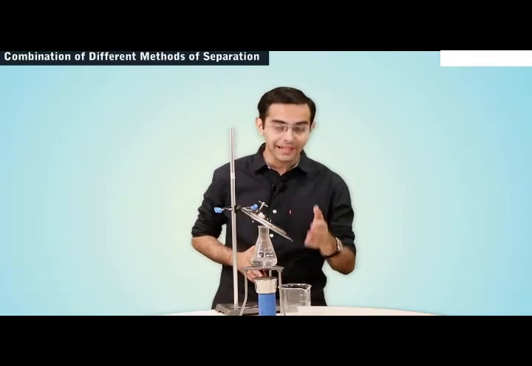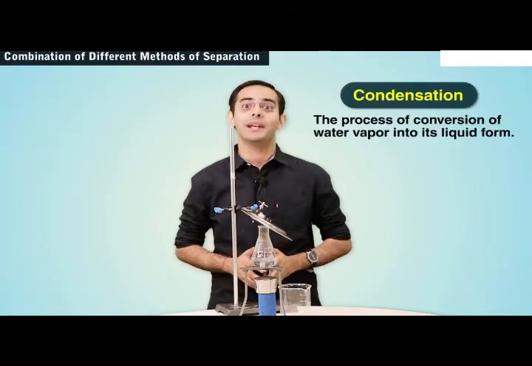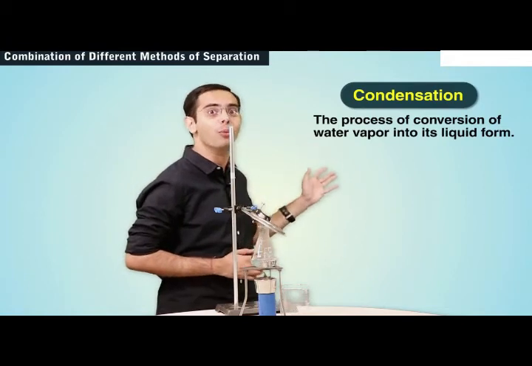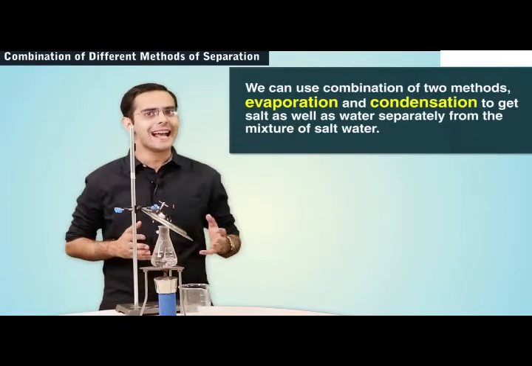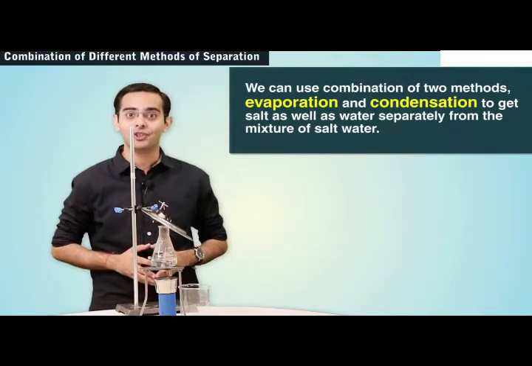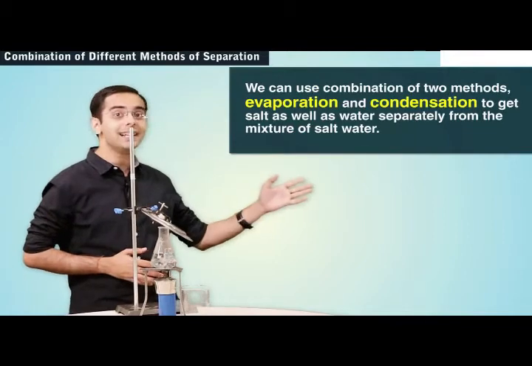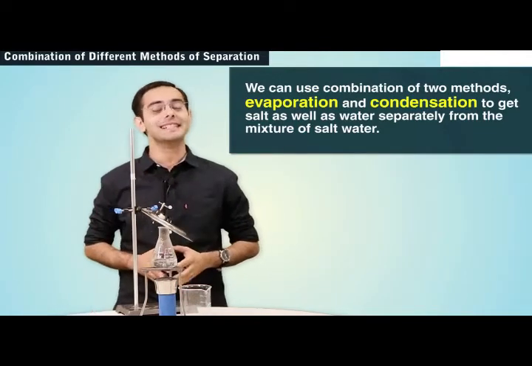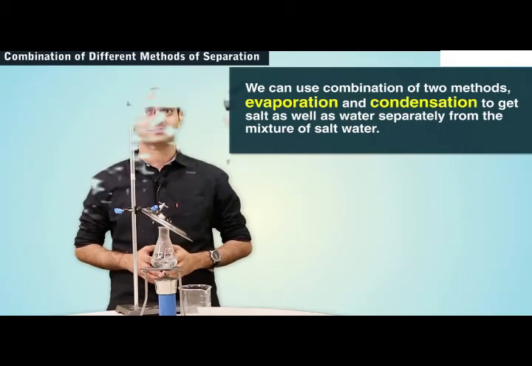The water droplets that you observe falling from the plate are due to condensation of steam, where condensation is nothing but the process of conversion of water vapor into its liquid form. So this is how we can make use of a combination of two methods, that is evaporation and condensation, to get salt as well as water separately from the mixture of salt water.